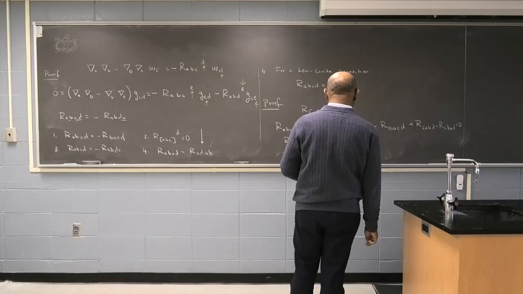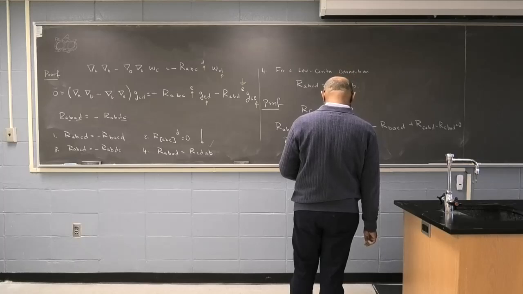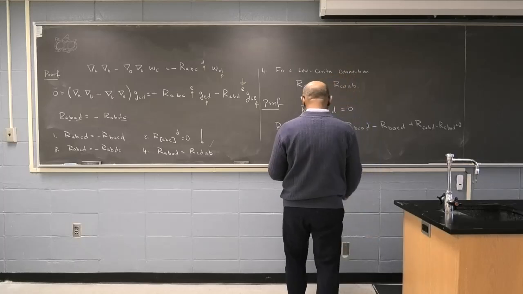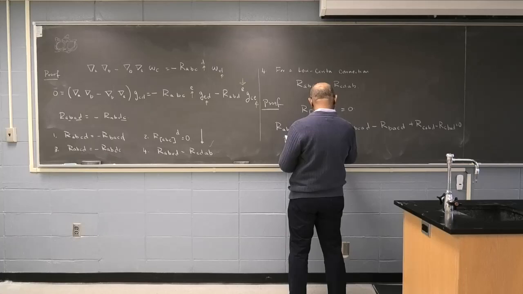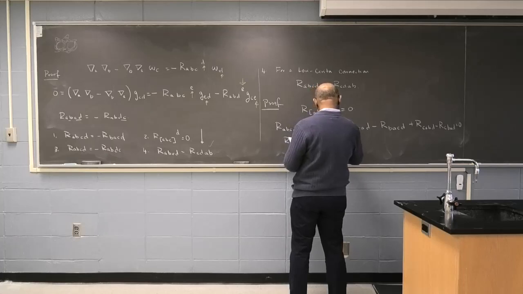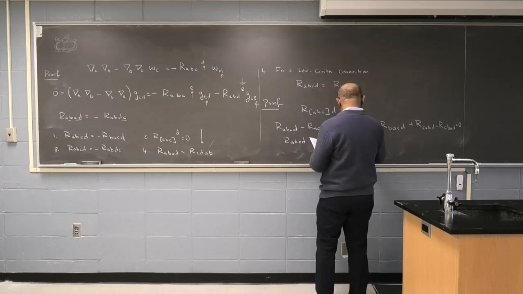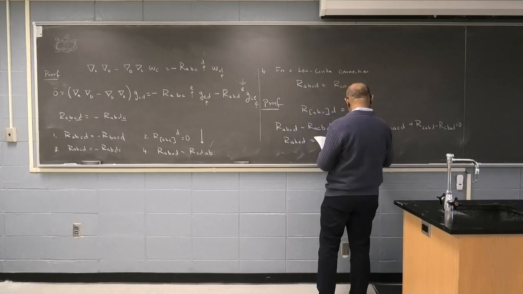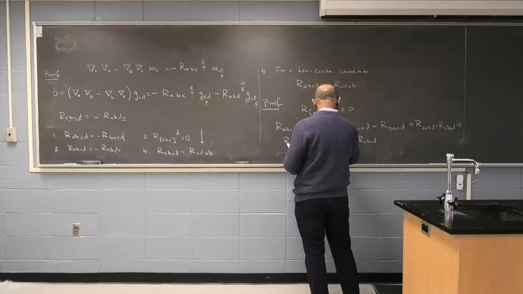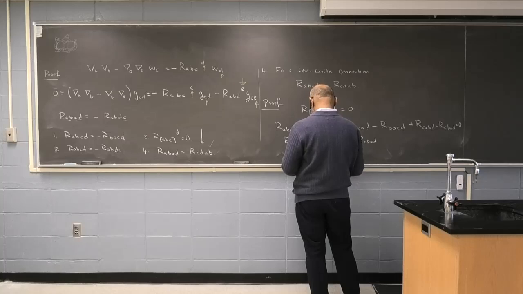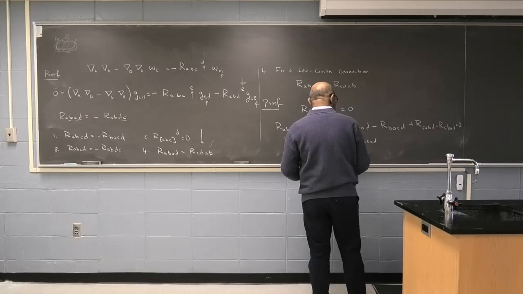What I have here is R, C, A, B, D plus R, C, B, A, D. We see A, B, C, D, A, C, B, D, C, B, A, D. Okay.